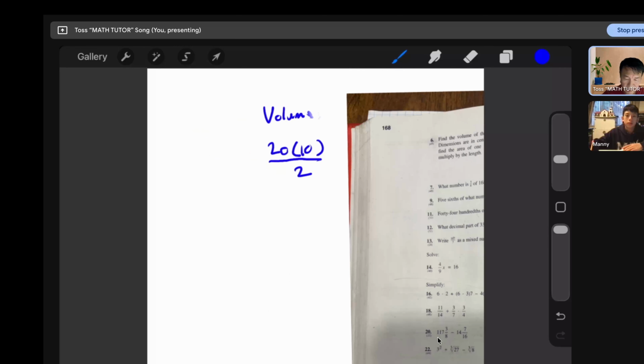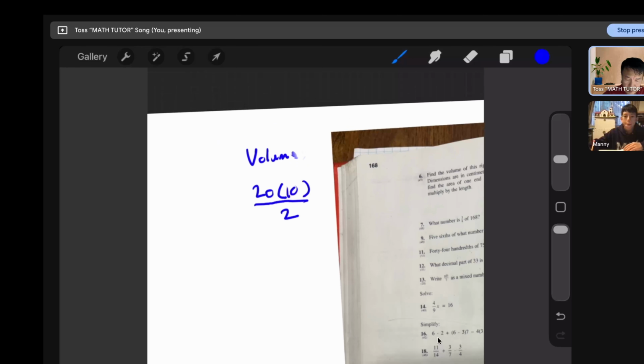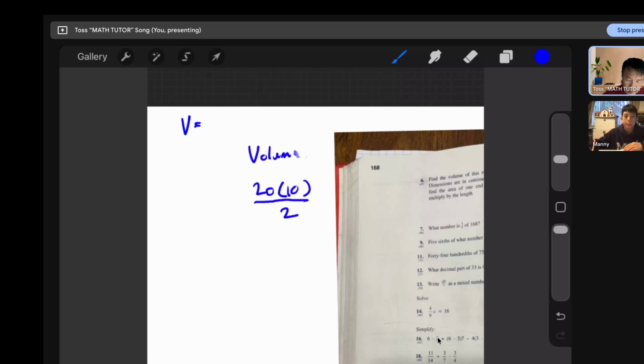Okay, let's review volume. I think you just used V, and in general they use capital B. The H could be lowercase or uppercase. This is a generic volume formula for any solids, like a 3D prism shape.